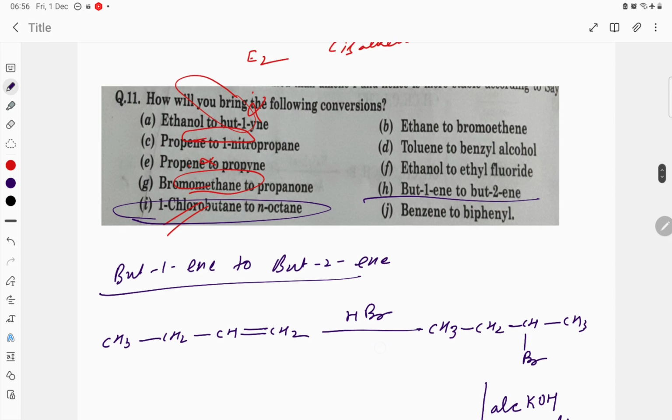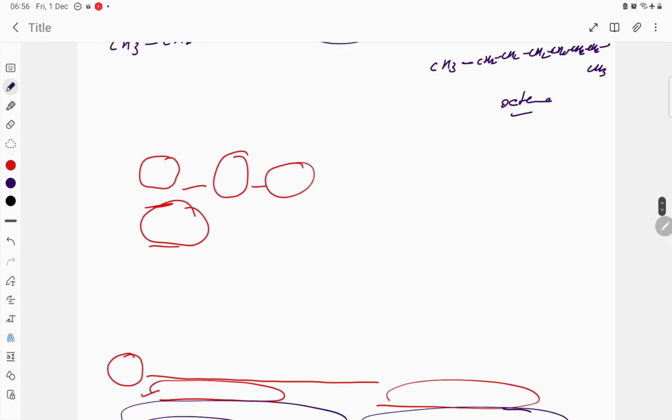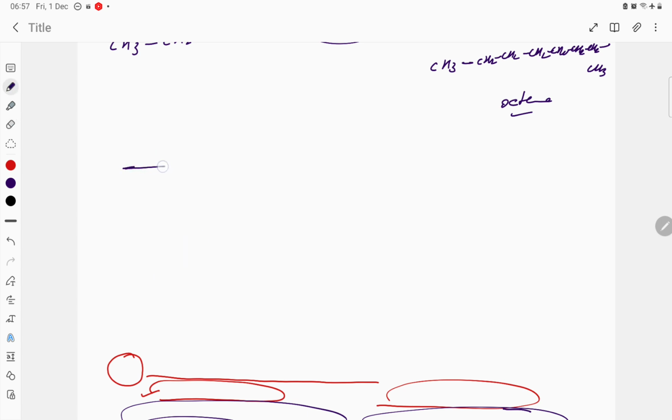Last one we need to go, student, benzene to biphenyl. So simple, student. Benzene can easily be converted into what, student? Chlorobenzene. So you see, student, this is benzene. You are treating with Cl2 in the presence of FeCl3.